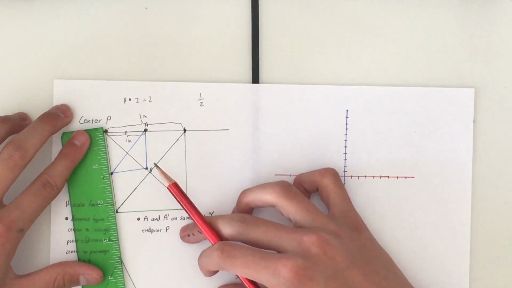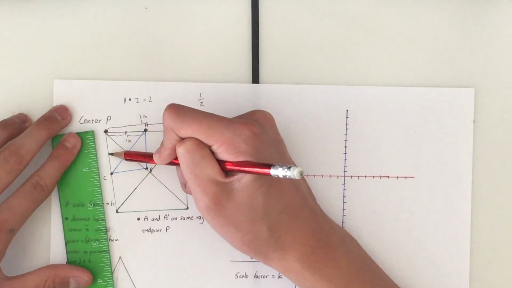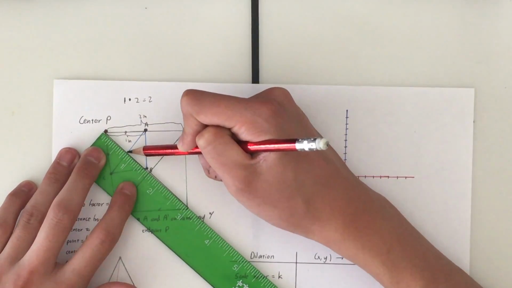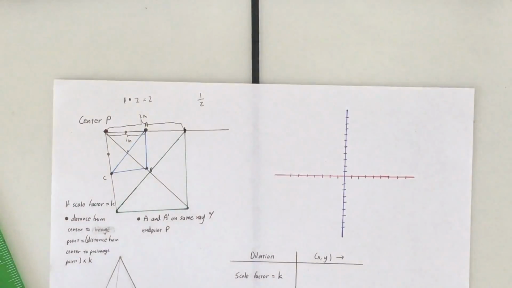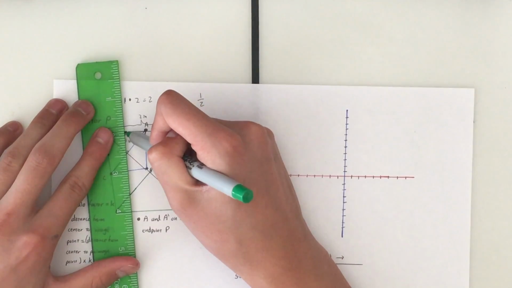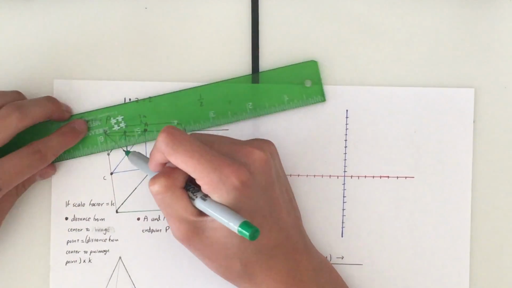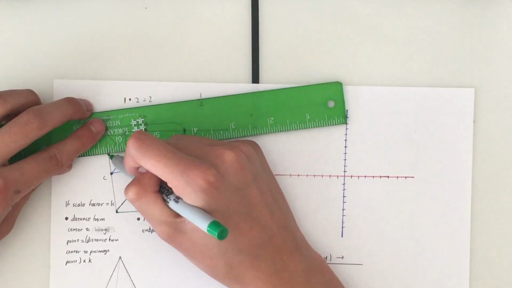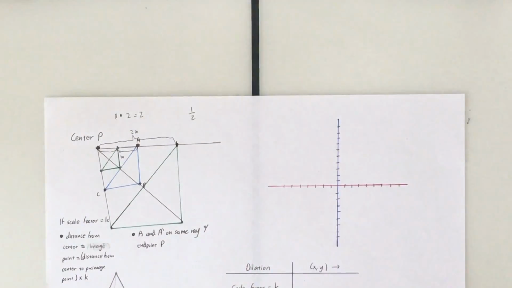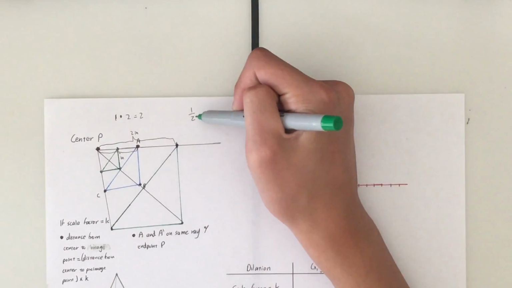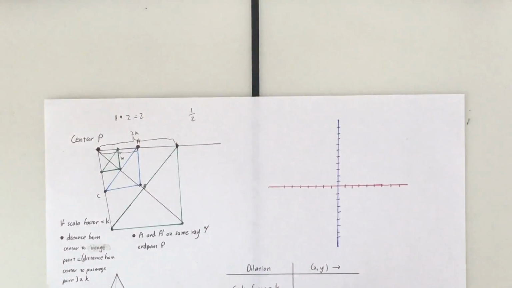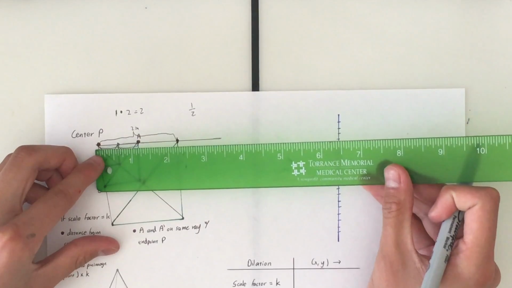And you would repeat that for each of the other ones. And now you have a dilated triangle that is 1/2 the size of the original. And if this scale factor was 1/3 or 1/4, you just divide it into thirds or fourths or fifths.